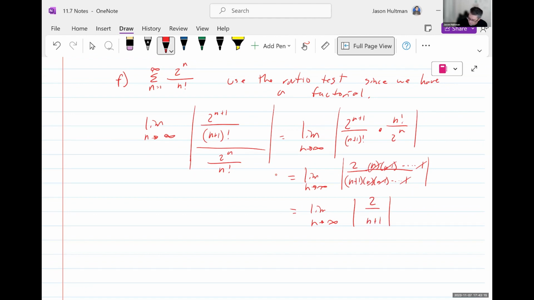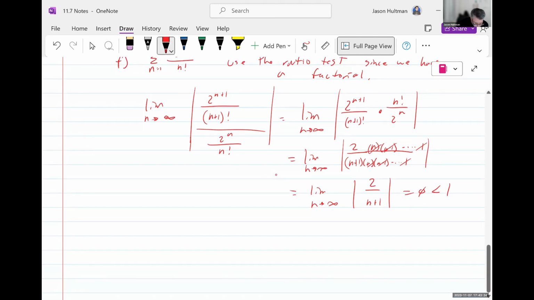Well, that's just 0, which is less than 1. And so therefore the series 2 to the n over n factorial is convergent. And that is basically 11.7.